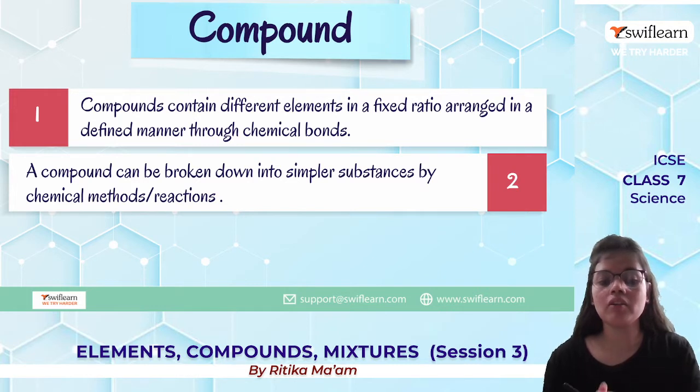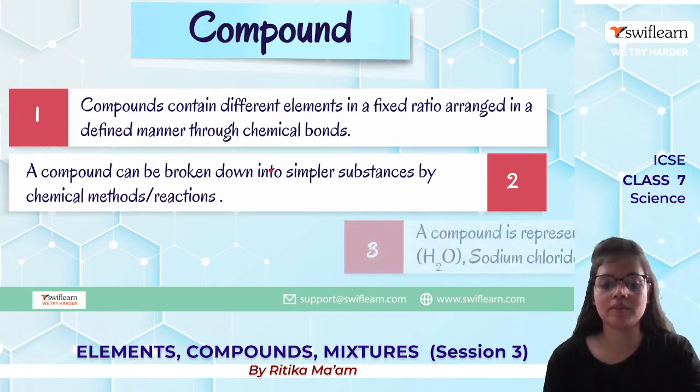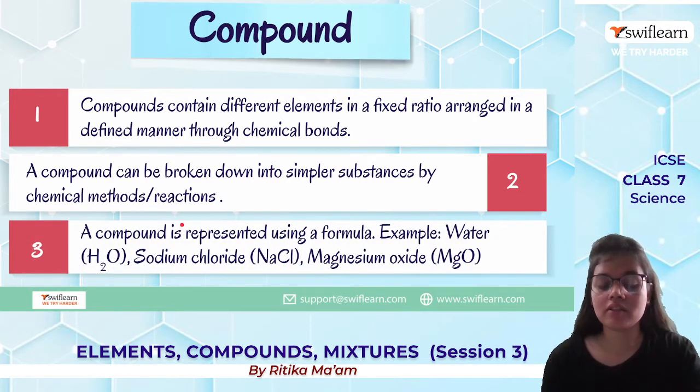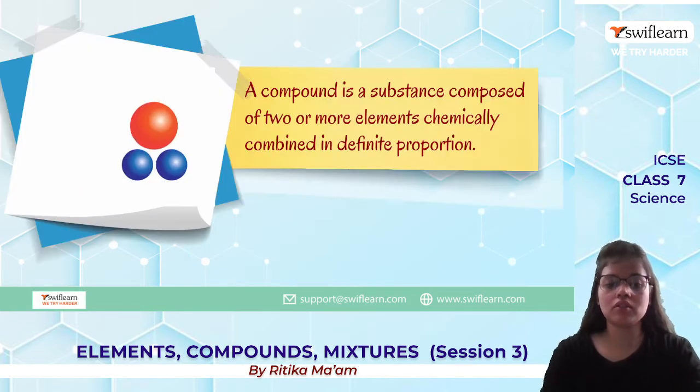Okay, so a compound can be broken down into its constituent elements by chemical reactions. A compound is represented using a formula. For example, in water we have H2O, sodium chloride we have NaCl, magnesium oxide we have MgO. So we have formulas for the representation of compounds.